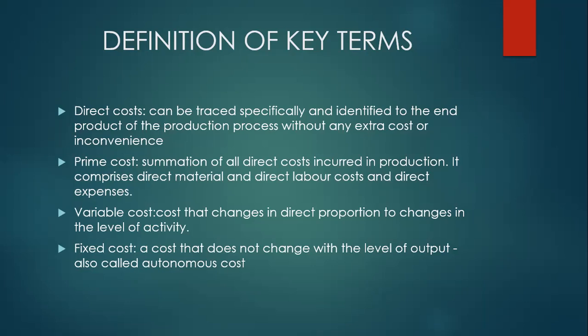But if you have to deal with things like medicines, things like reagents, anytime you increase the number of patients you are taking care of, those costs increase. So those become what? Variable costs. So variable cost is directly opposite to what? Fixed cost. So fixed cost is a cost that does not change with the level of output. It is also referred to as autonomous cost.